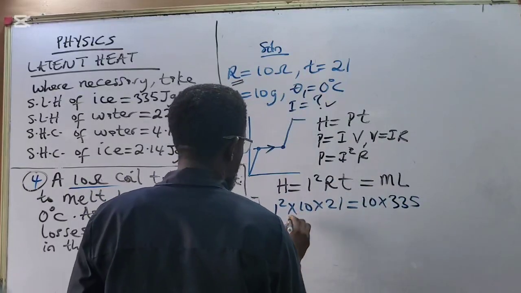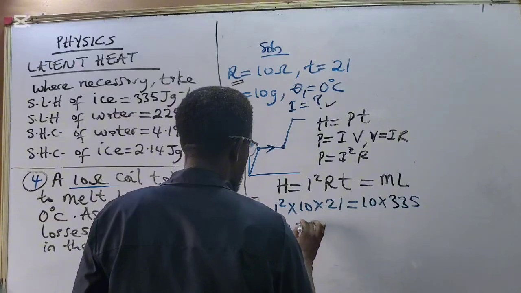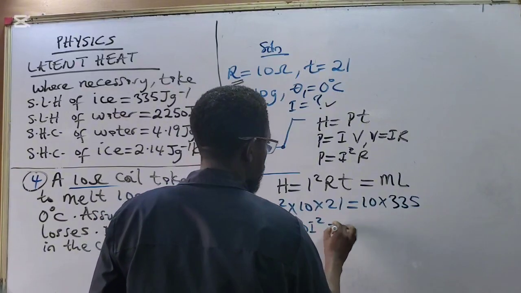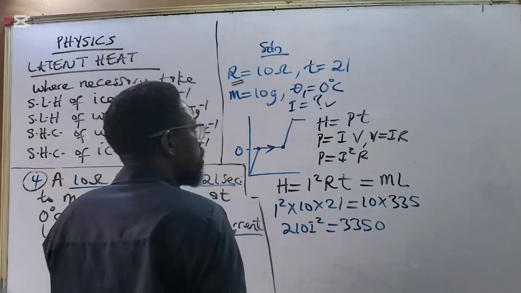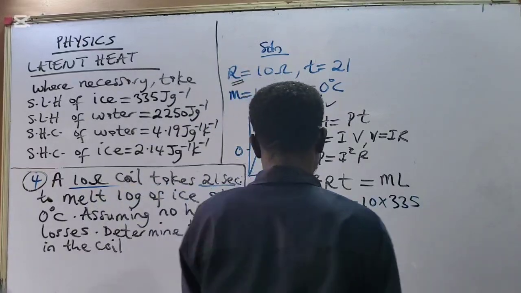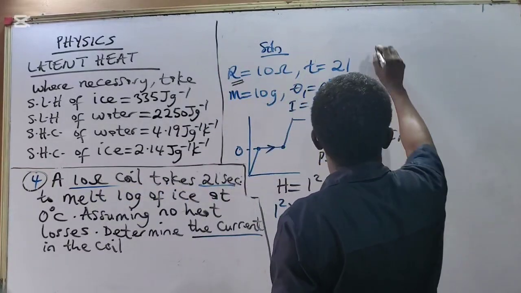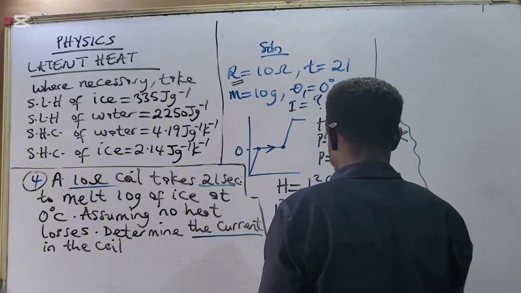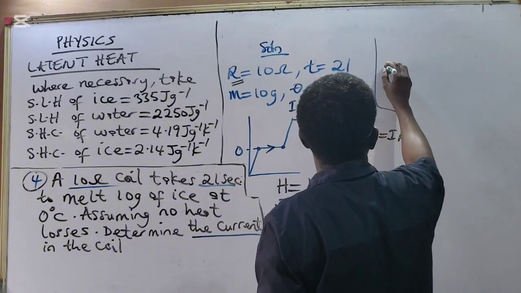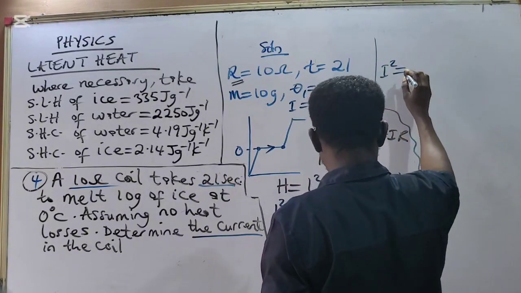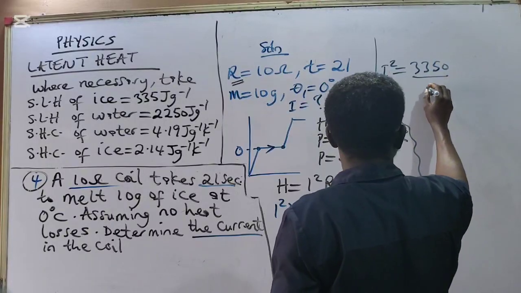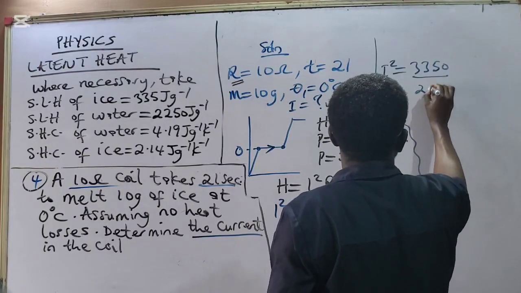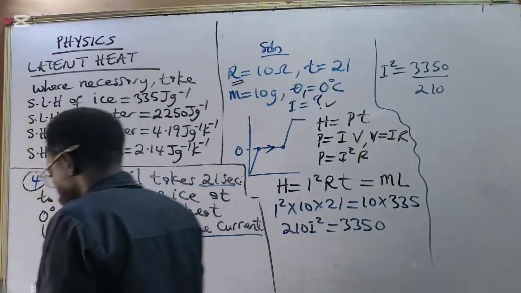So this one gives us 210 I squared equals 3350. What I'll do first is divide both sides by 210. So I'll get I squared as 3350 all over 210.